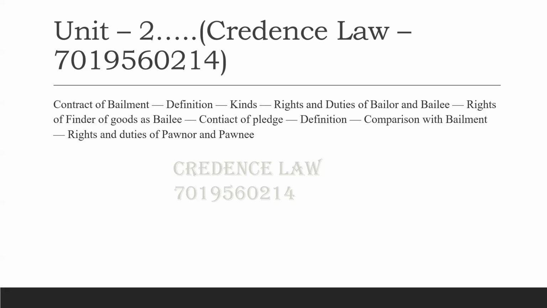Once the purpose is fulfilled, then the goods are to be returned. When the purpose is accomplished, the goods are returned as per the direction of the person who is delivering. The person who is delivering the goods is called bailor, and the one to whom the goods are being delivered is called bailee.